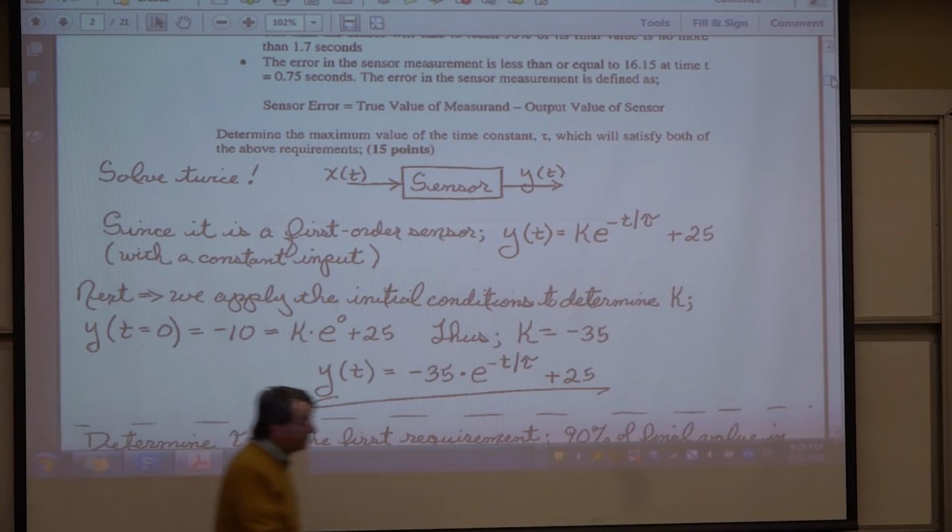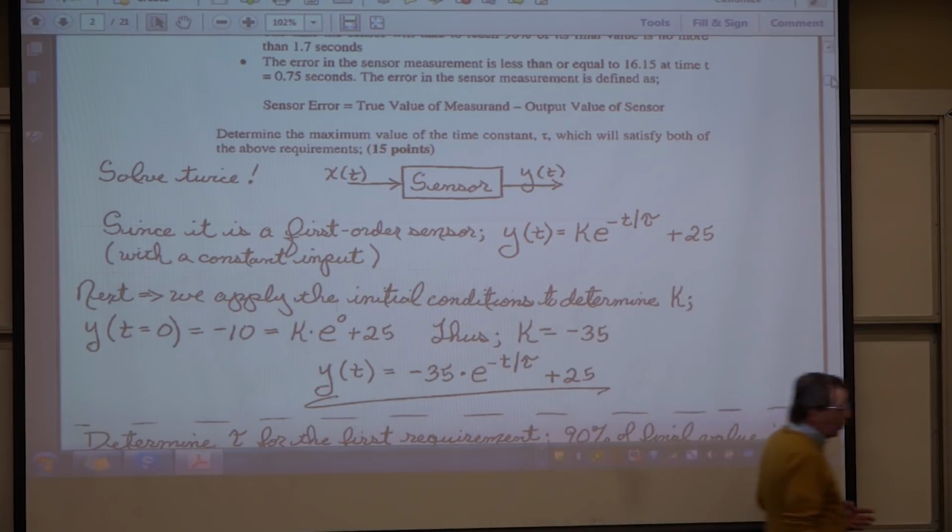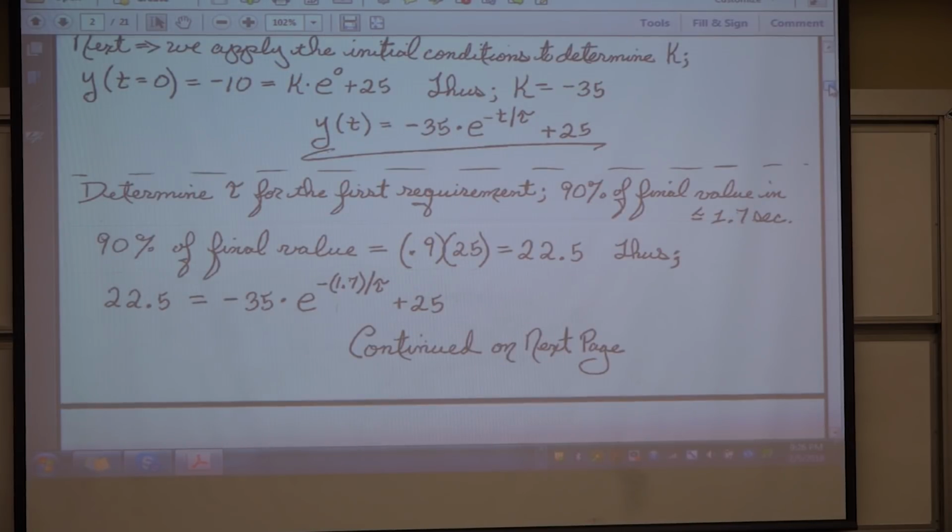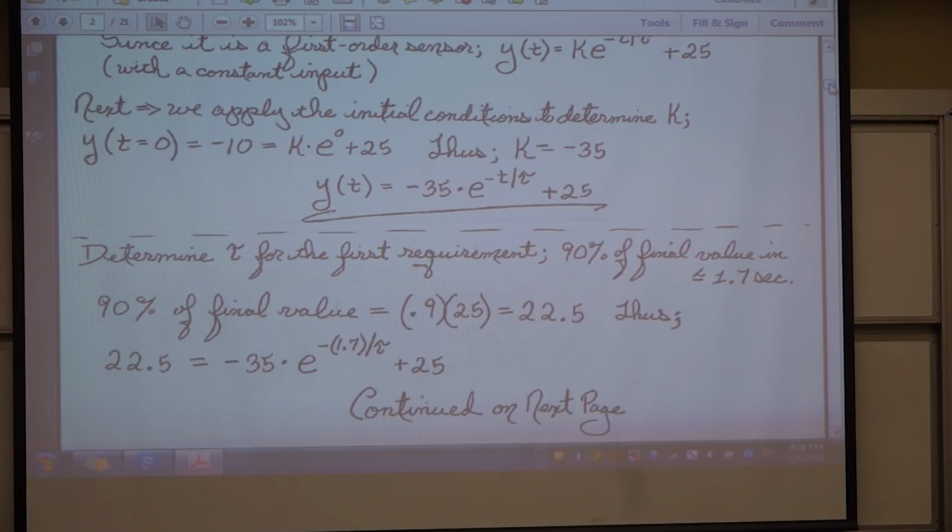All right. Now, we have to solve this twice, one for each requirement. So the first requirement is we need to determine tau such that 90% of the final value is achieved in less than or equal to 1.7 seconds.